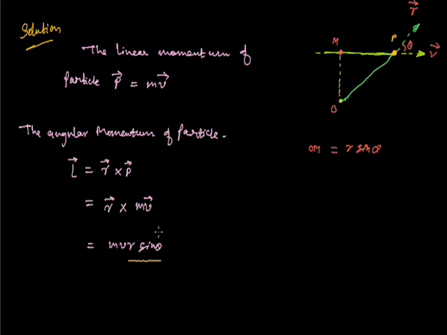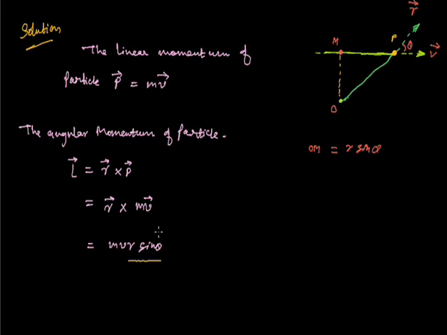Since at every instant of time the position vector and the velocity of the particle are changing their direction, but the angle between the position vector and the linear velocity will be the same, the value of the theta angle will be constant throughout its circular motion around that fixed axis or point.